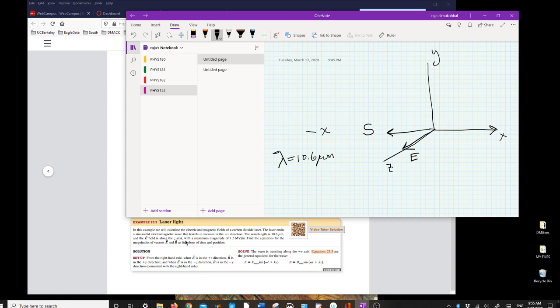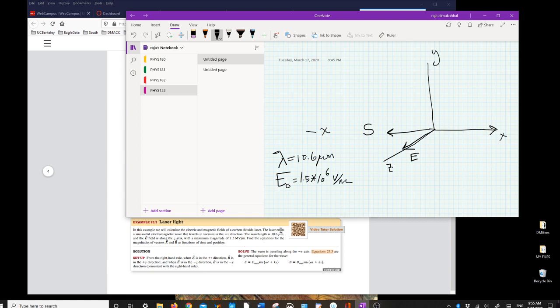Anyway, here is the E field, and he said it has a maximum magnitude of 1.5. So E naught, your book calls it E max, I like to call it E naught, is equal to 1.5 megavolt per meter, which means times 10 to the 6 volt per meter.